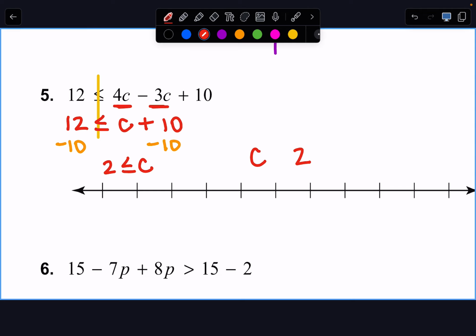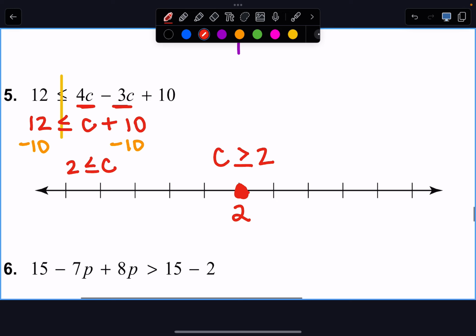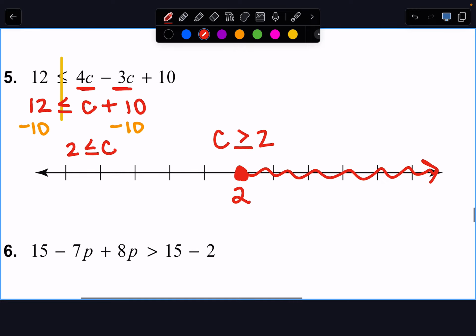If I put C and 2 and I flip-flop their places, I need to make sure that my sign is still opening to the same number, or in this case, variable. Okay, so at 2, we have a closed circle, and we're going which way? Going to the right. Okay. All right, you and your elbow partner work on number 6. See if we can get an answer there.